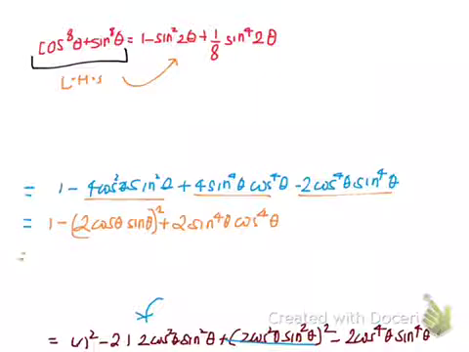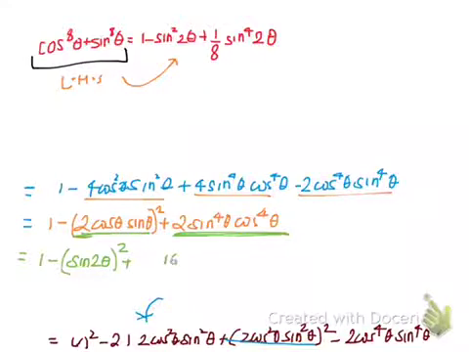Now what I can write is 1 minus 2 cos theta sine theta is the formula for sine 2 theta, and then I have whole squared, and to change this remaining term in terms of sine 2 theta, I can simply write here 16 and multiply it with 1 by 8 so that I can get 2 as in my question.